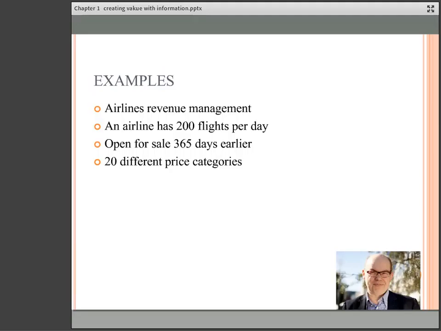So this is how the airlines manage their pricing system, and basically the way an airline, one could argue, earns its revenue is very much based on their revenue management system, on their information database.